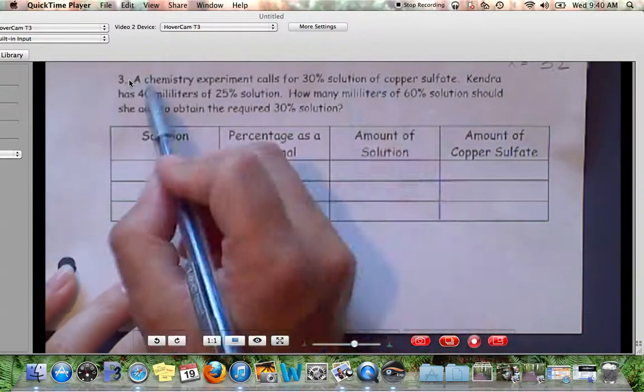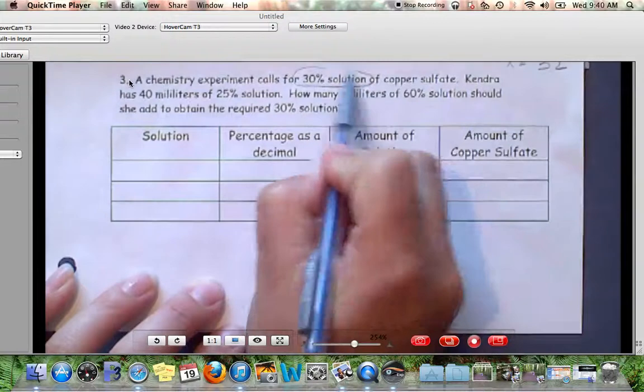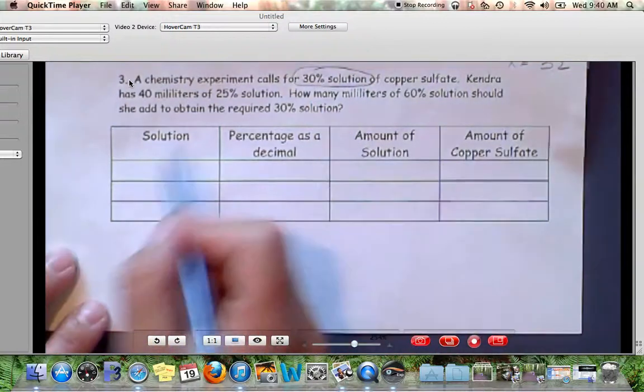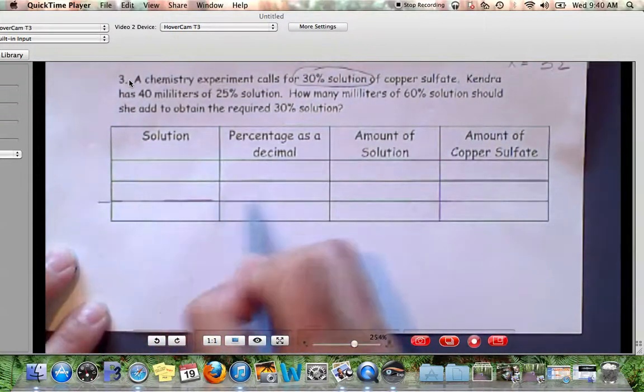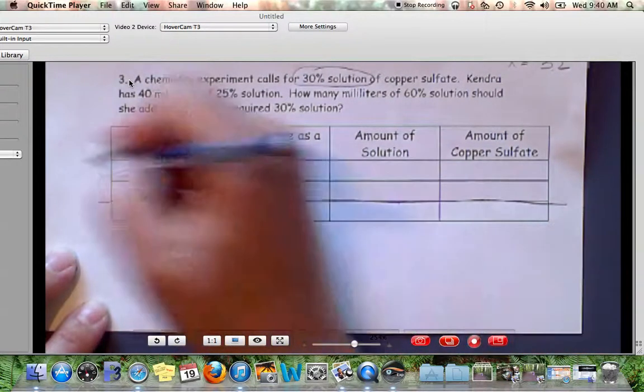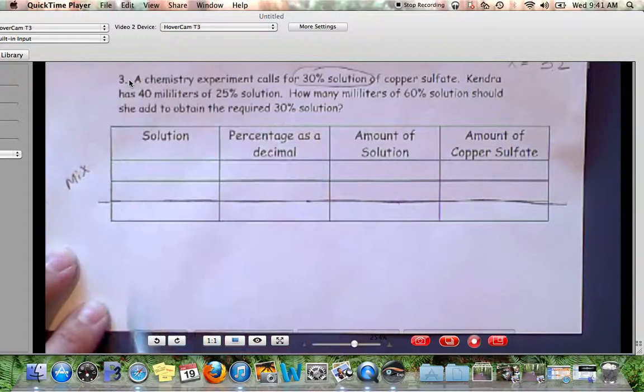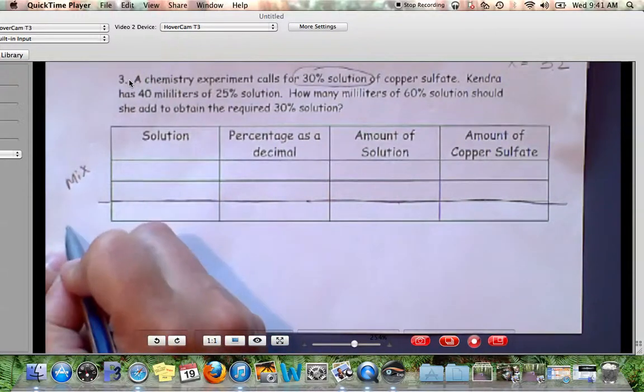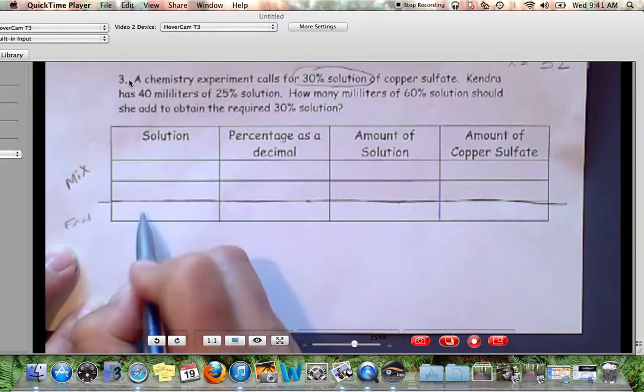So we're trying to get a 30% solution, and that's important. When you're doing a solution problem or a mixture problem, you want the two that you're mixing together to be here in these top two. And then the final mixture will always be in the bottom here.